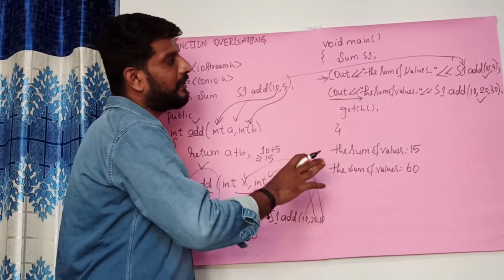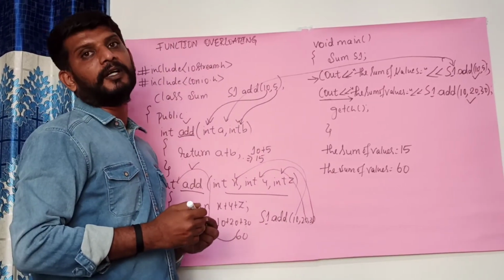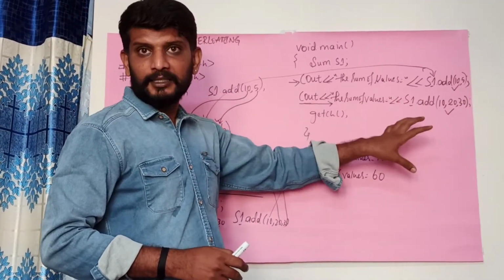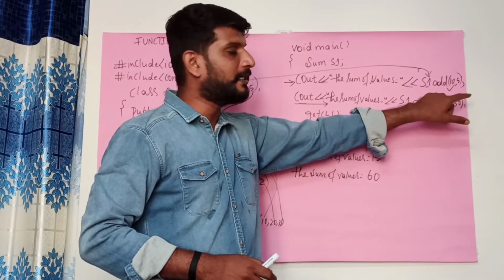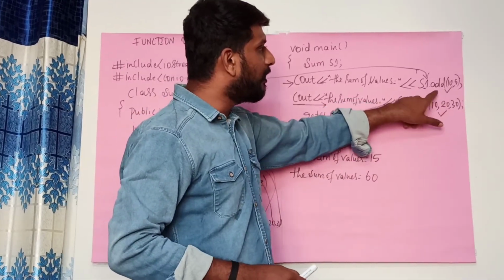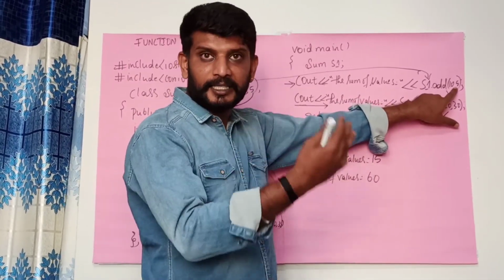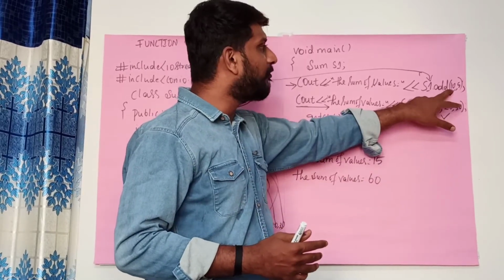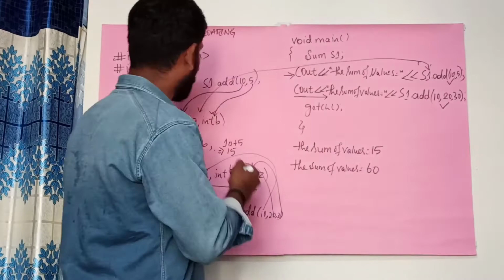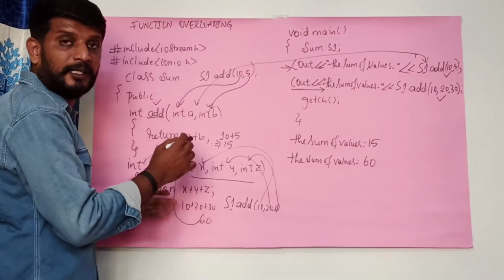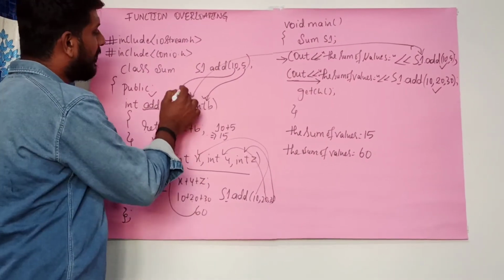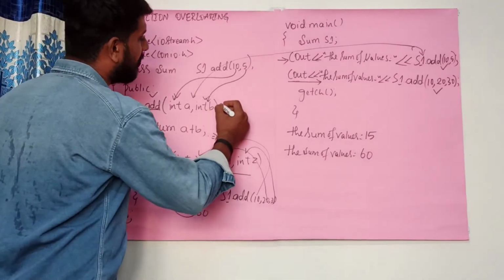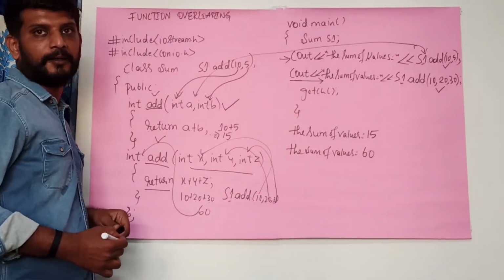Whenever you are calling those functions, the compiler will decide which particular function is having how many arguments. When the first statement gets executed, the compiler will check which particular function is having 2 arguments, because there are 2 different functions with the same name. So the first function gets executed.